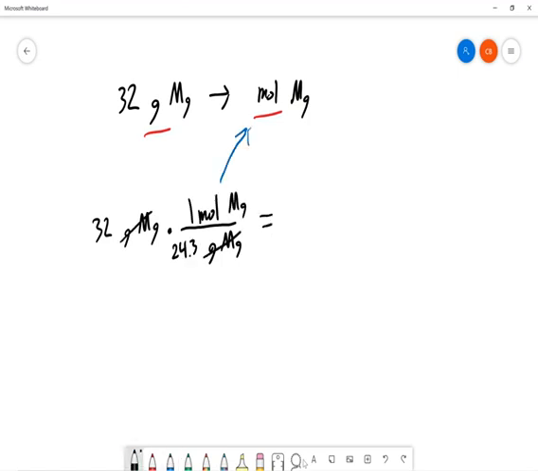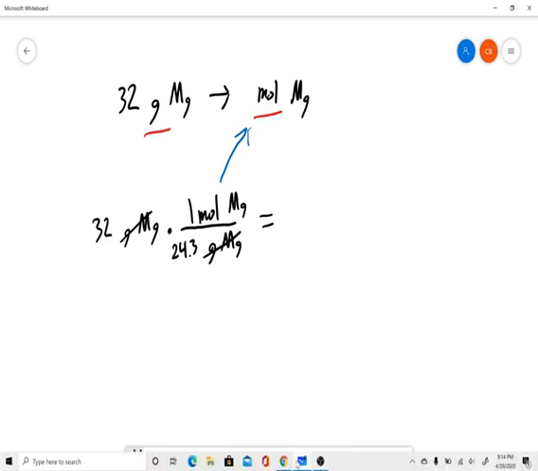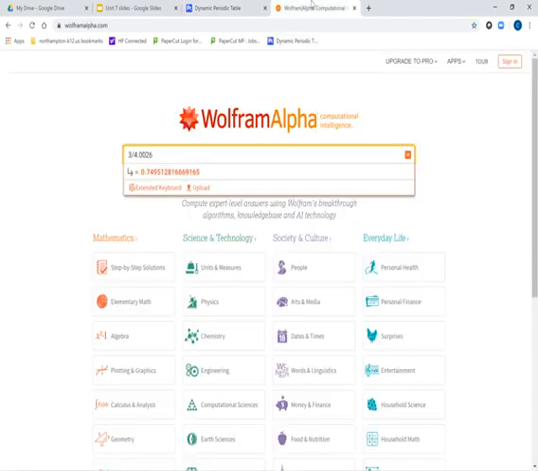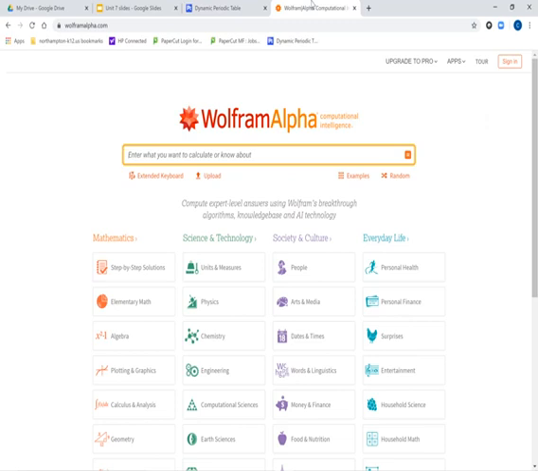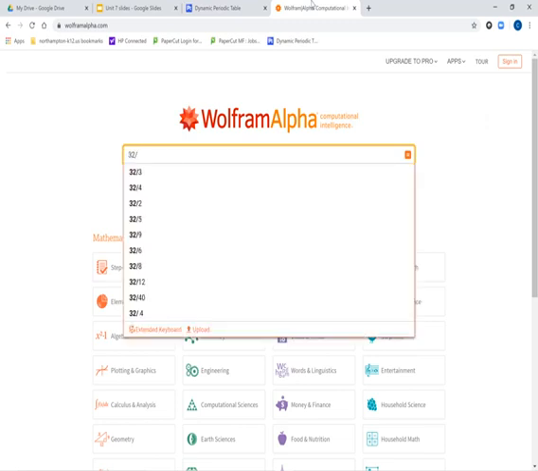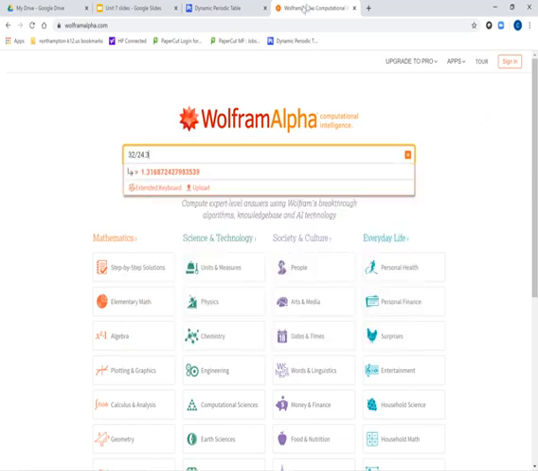So we can solve that problem. 32 divided by 24.3. And again, bear with me because I do not have a calculator right now. 32 divided by 24.3. 1.32.